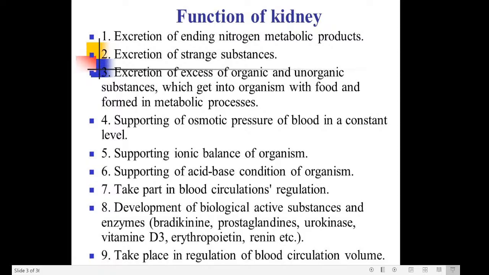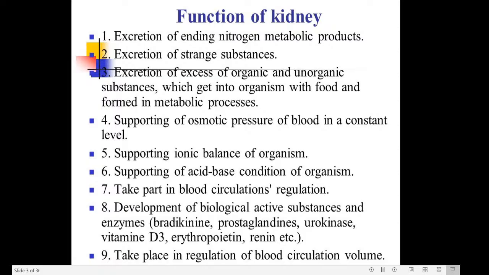Okay, first one is the ending of nitrogen metabolic product, that is urea formed, and the excretion of strange substances, that means toxic compound removal. Then excretion of organic and inorganic substances, and supporting the osmotic pressure of blood.